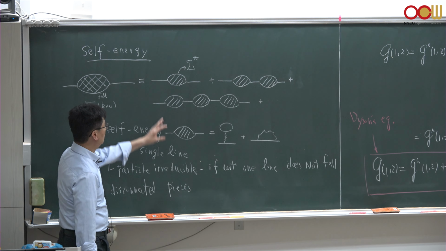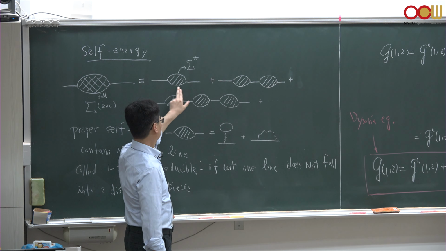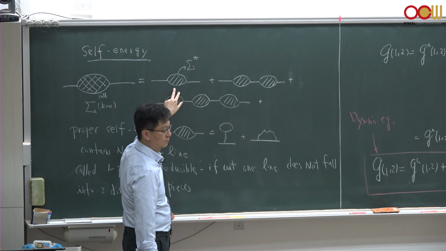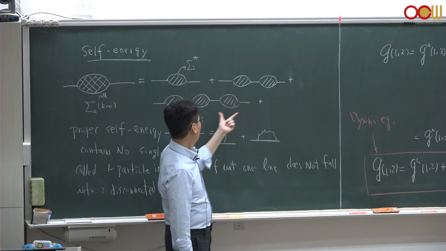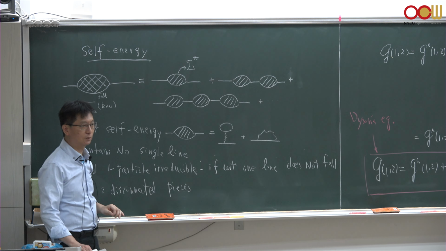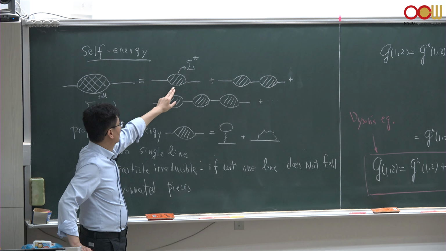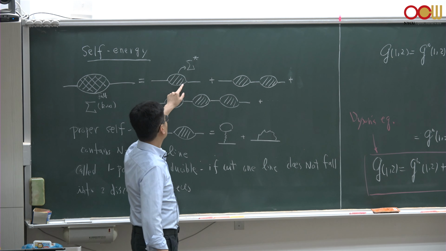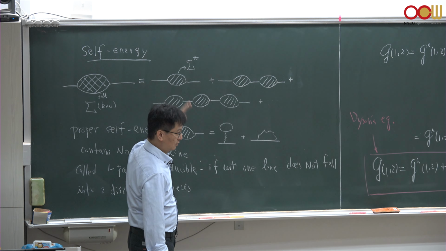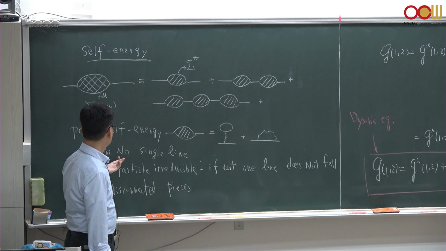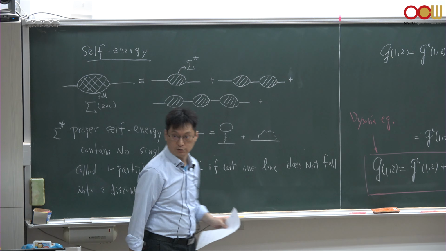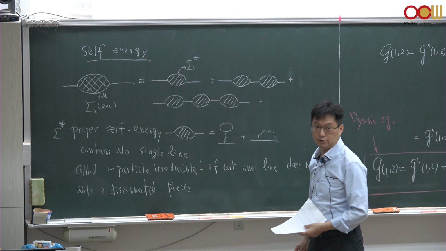And you can see very clearly that we could have one bubble made of the sigma star, or two bubbles, or three bubbles, any number of bubbles, and the single bubble, which is shaded with one particular orientation, we call sigma star, the so-called proper self-energy.